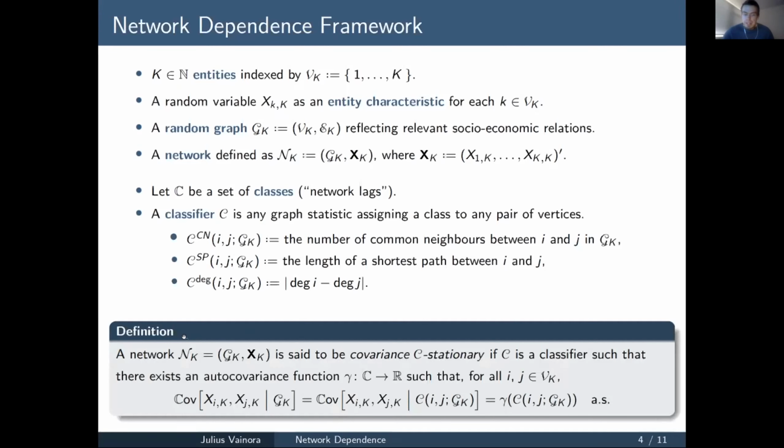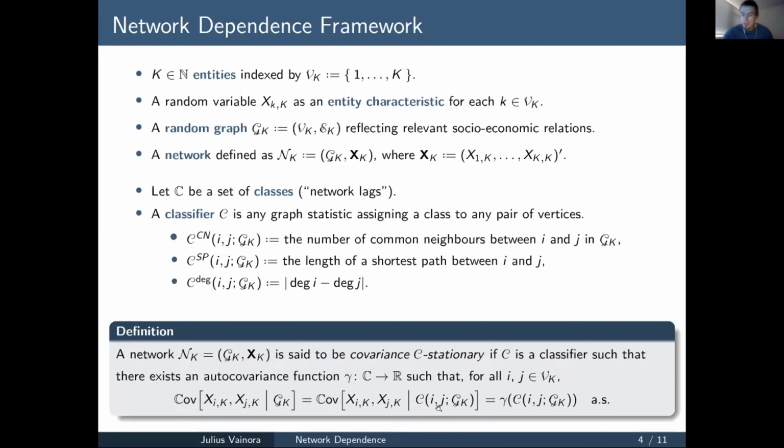And then the main definition is that a network is said to be covariance C-stationary if this classifier C, which can be for a moment anything, is such that we have the following. The covariance between 2 entity characteristics conditional on the whole graph is equal to the covariance conditional just on the class of those 2 entities.